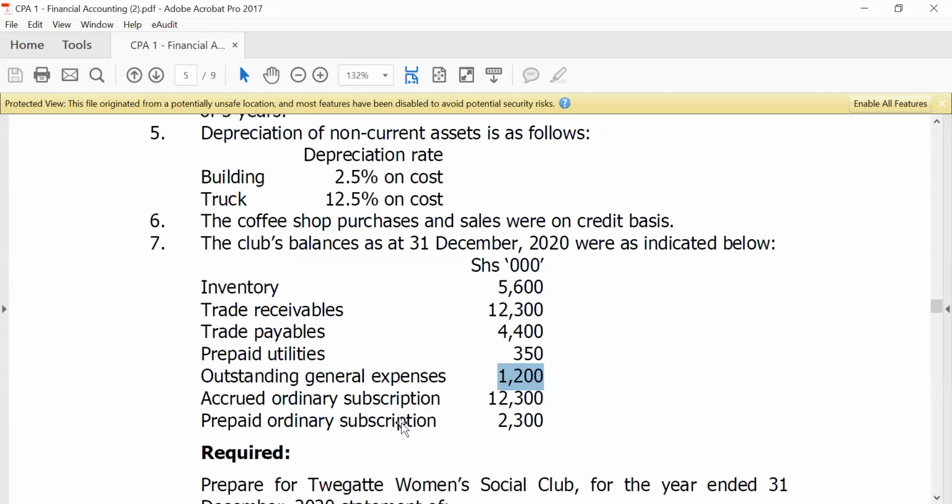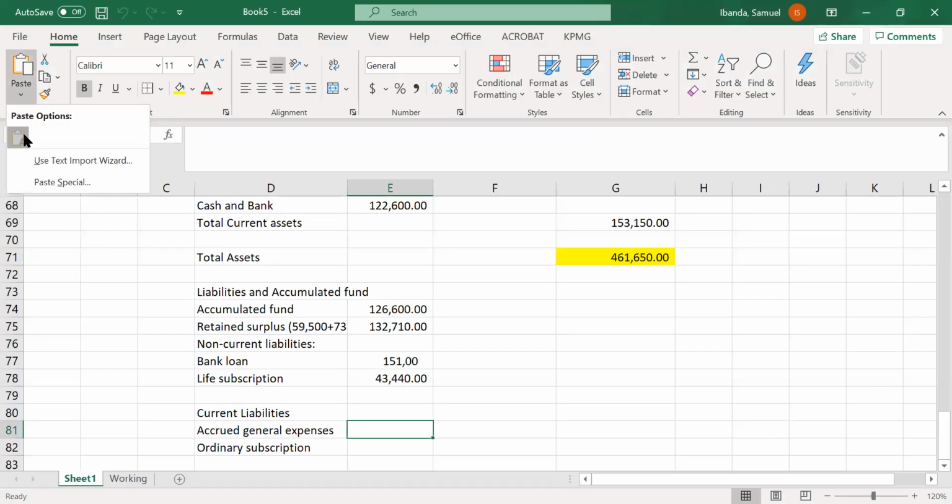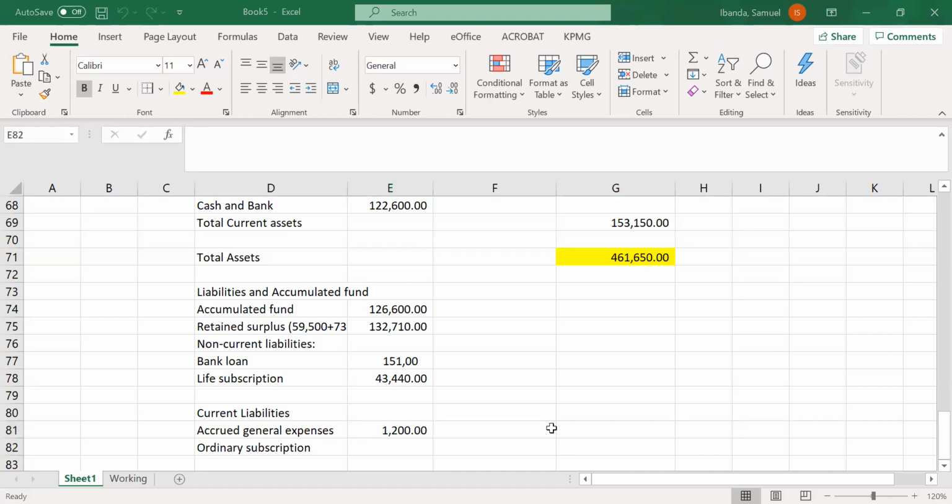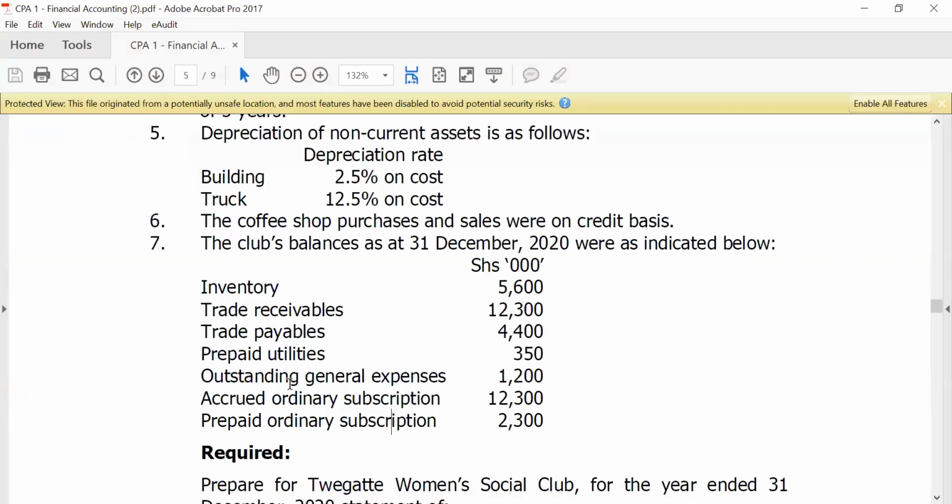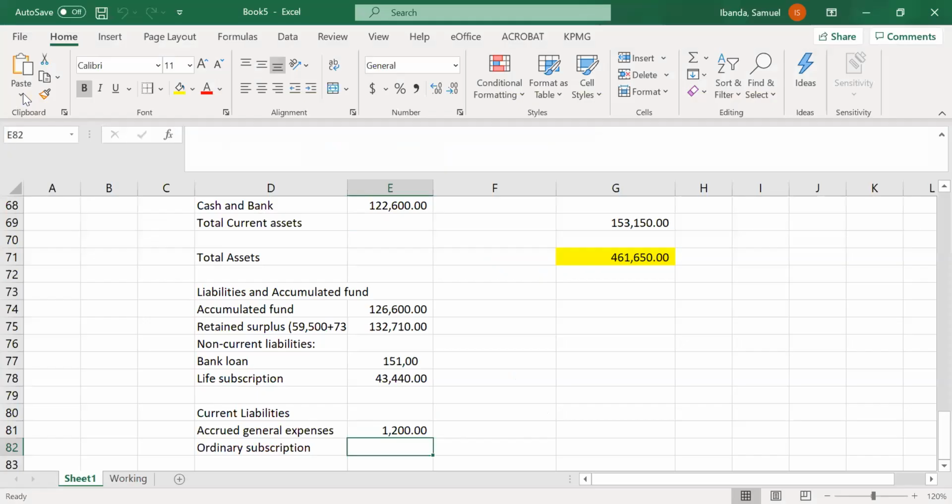So I'll record it here where there's my accrued. You can change the wording and call it outstanding, no problem. Then I'll come to my ordinary subscriptions. The ordinary subscriptions that I'm going to record as a liability is the one that is prepaid. The members have paid in advance to us, so to us as the club, it's a liability. So I'll pick 2,300 and record it right there.